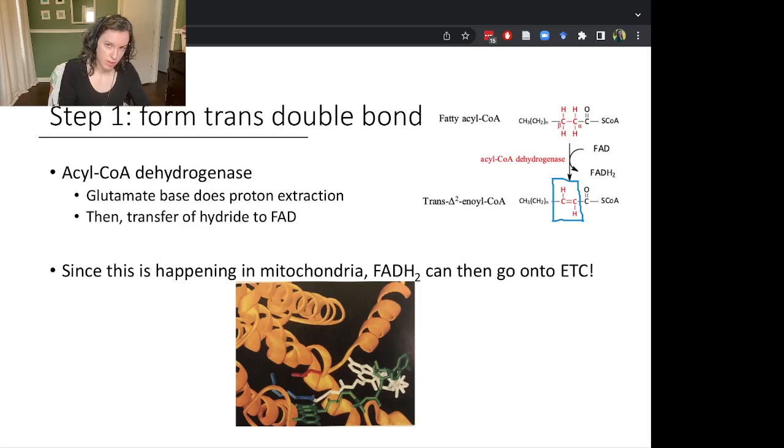It's thought that in the mechanism, we have a base that does the proton abstraction. Here it's going to be a glutamate. It's difficult to see in this picture, I know, but our glutamate's up here.